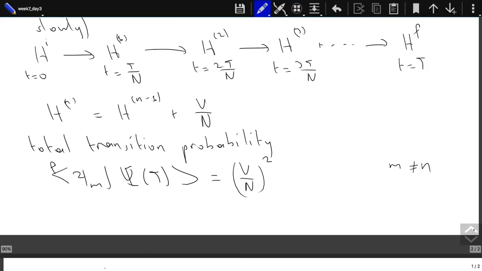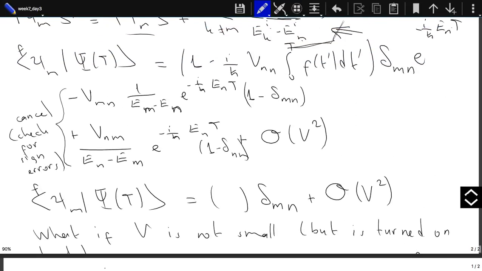Since we are taking N steps, at the end the probability of a transition will typically be multiplied by N, which goes to 0. So although in the previous derivation we assumed that the change in the Hamiltonian is small, this argument shows that even if the change in the Hamiltonian is large, these corrections that we said can be of the order of V squared are in fact 0.